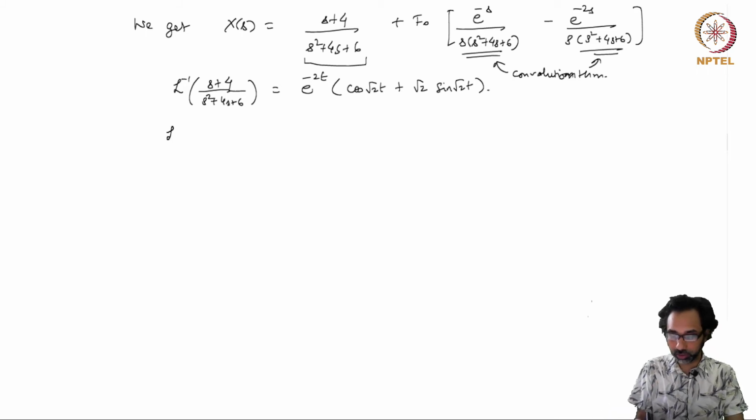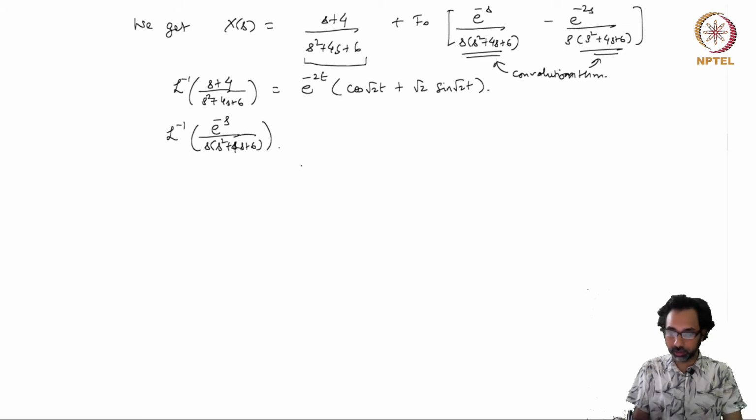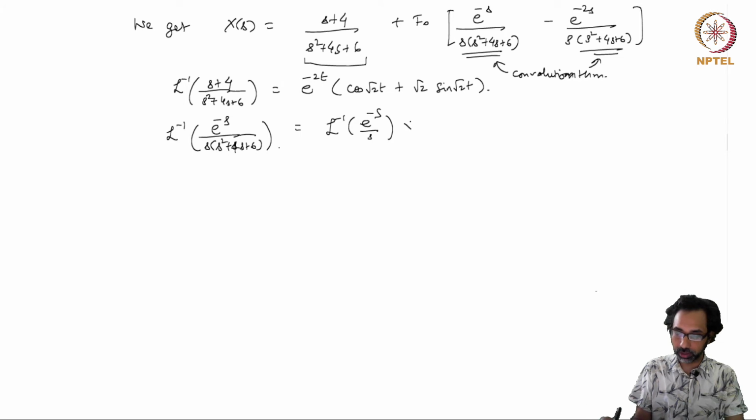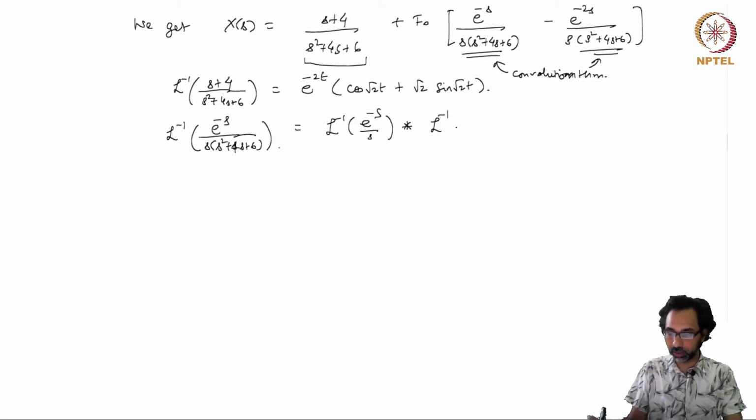So for example, for the first one, e to the power minus s over s times s square plus 4s plus 6, this is equal to the convolution of the inverse of e to the power minus s over s and the inverse Laplace transform of 1 over s square plus 4s plus 6.